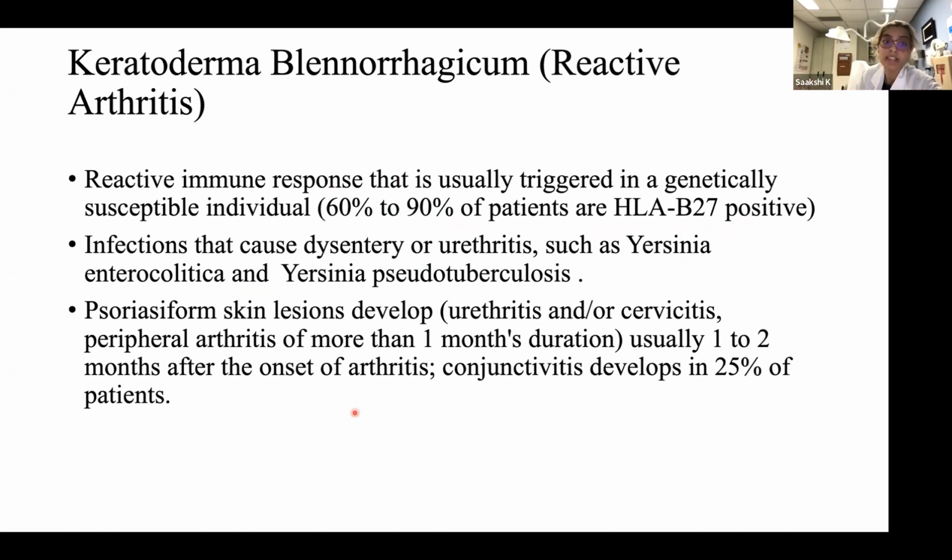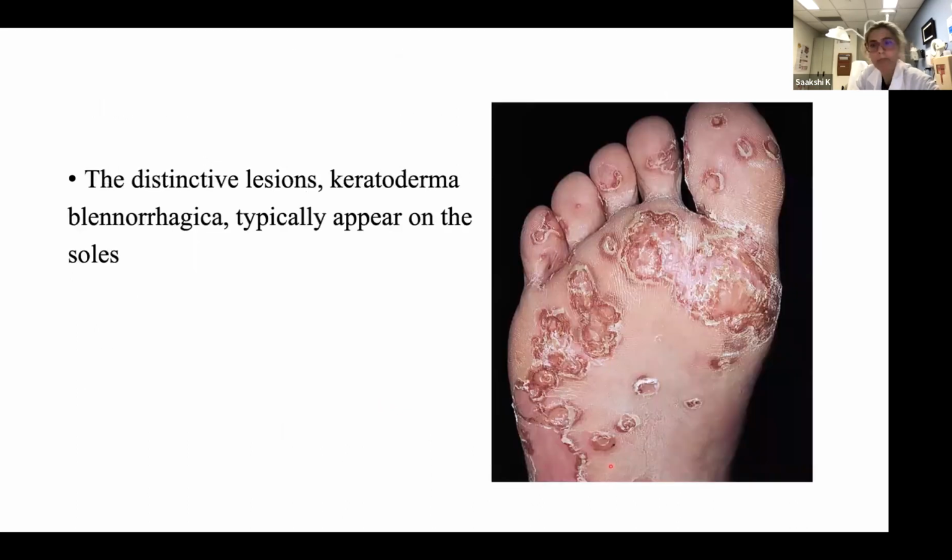They have urethritis. If they are female, they can have cervicitis, and then they have peripheral arthritis. A quarter of patients can have conjunctivitis. So it's that triad in reactive arthritis of urethritis and/or cervicitis, arthritis, conjunctivitis, and psoriasis on the skin. There is a very distinct skin manifestation called keratoderma blennorrhagicum, which typically is seen on the palms and soles.